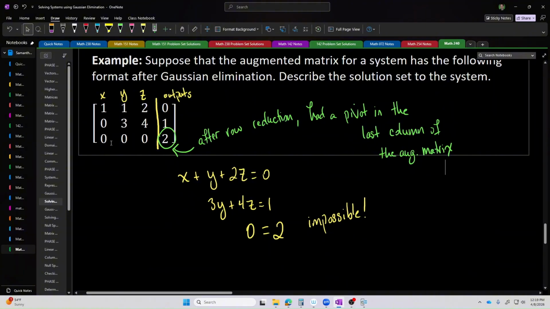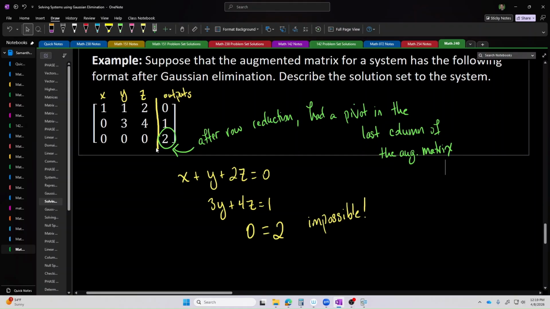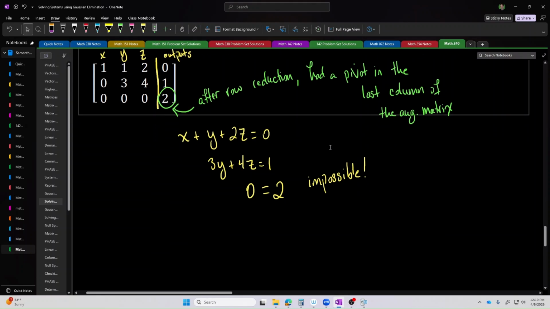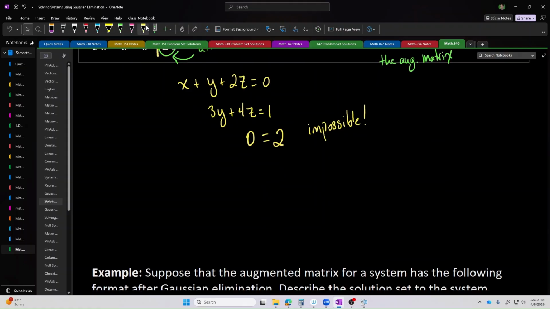Because if your first non-zero entry in the row occurs to the right of the bar of the augmented matrix, then that corresponds to an impossible equation like 0 equals 2. And this is the indicator that the system has no solution, or we put it another way, that the system is inconsistent.